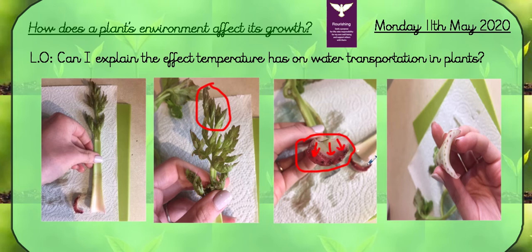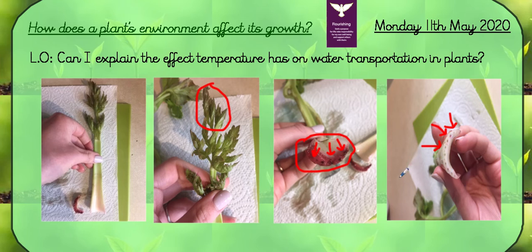I then chopped the end off, and you can still see here evidence of where the water has gone up through. It's kind of like the veins of a plant, like we have veins in our body that transport water around. These are like the veins in a plant sucking up the water, and we can see that it has been sucked up through here because the pink dye has been left behind.